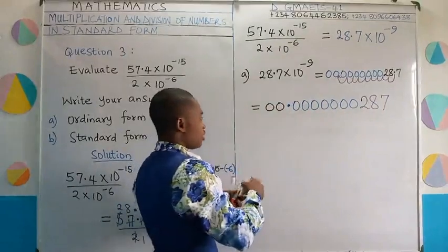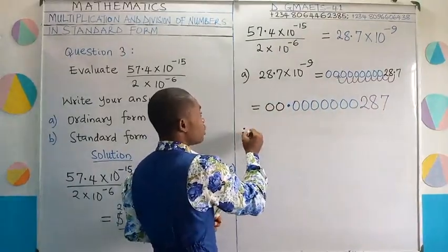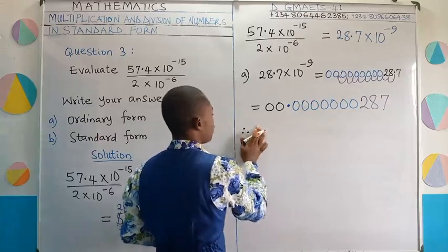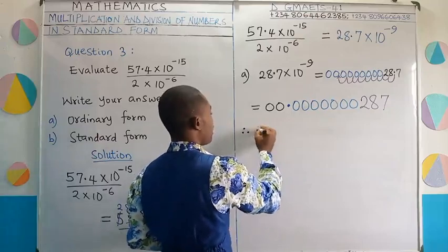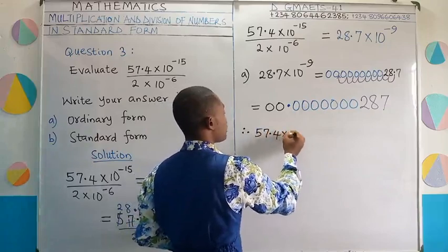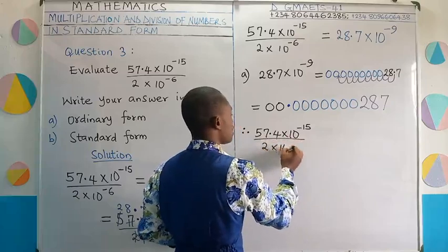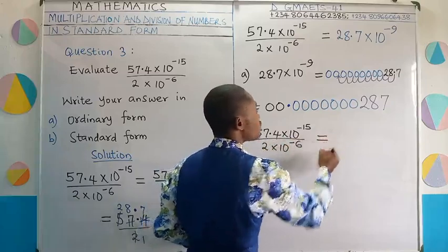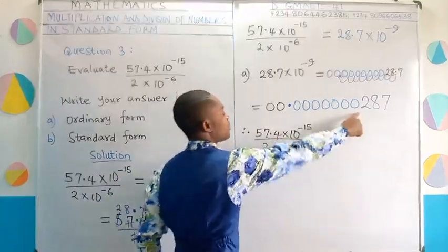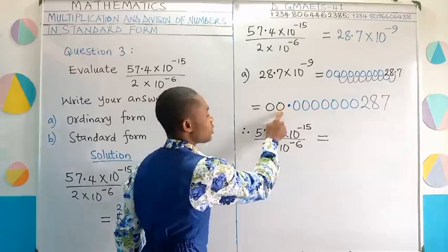Let us conclude, please. Therefore, go back to the question given to us, 57.4 times 10 to the power of minus 15. If you divide it by 2 times 10 to the power of minus 6, your answer in ordinary form would be this. Now look at 0, 0.